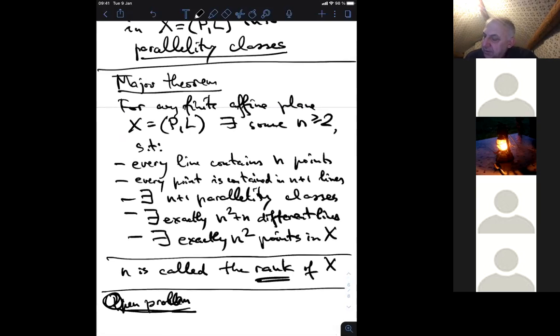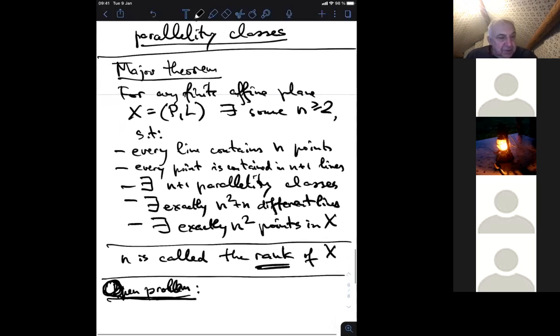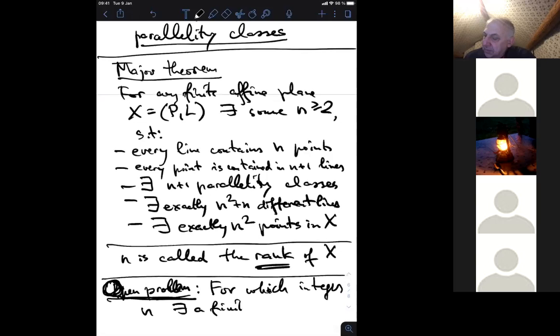As far as I know, maybe there were some recent advances which I don't know of, but: for which integers n does there exist a finite plane of rank n?